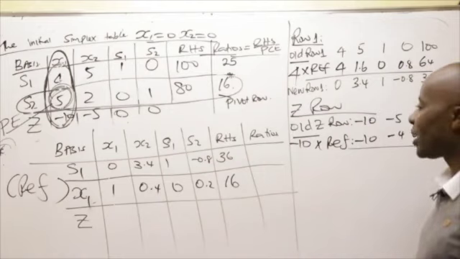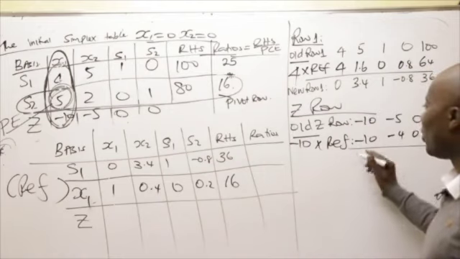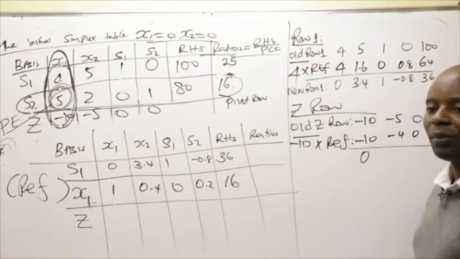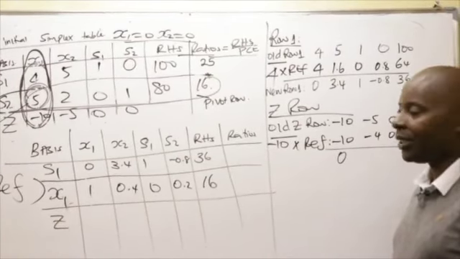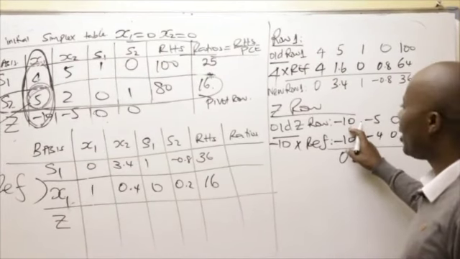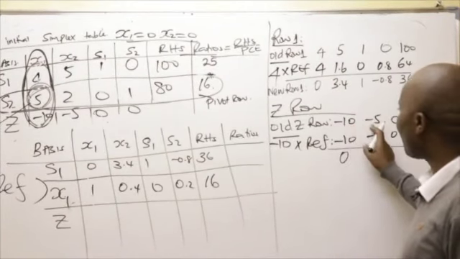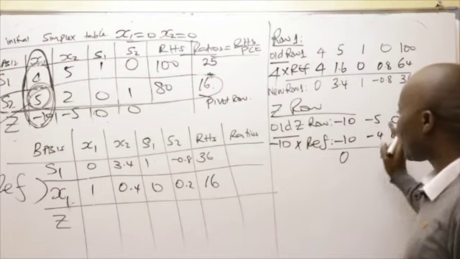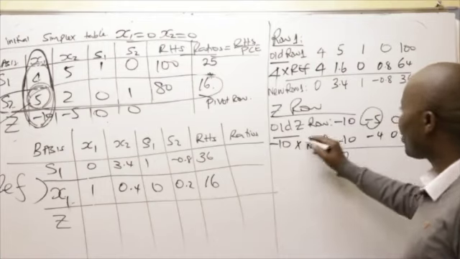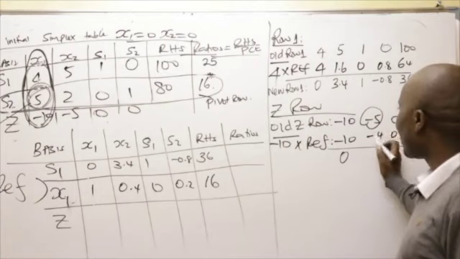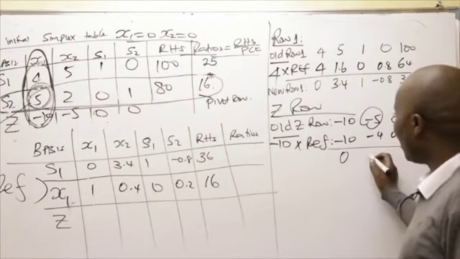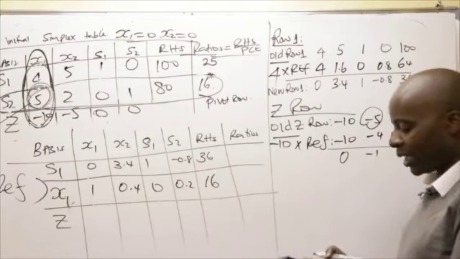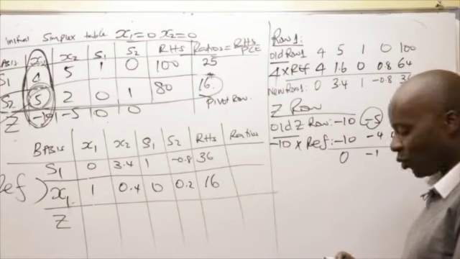What are we going to get, somebody here? The first one here will be 0, right? And then we have minus 5 minus 4, which will end up giving us what figure? This will give us minus 1, because it's minus 5 plus 4.